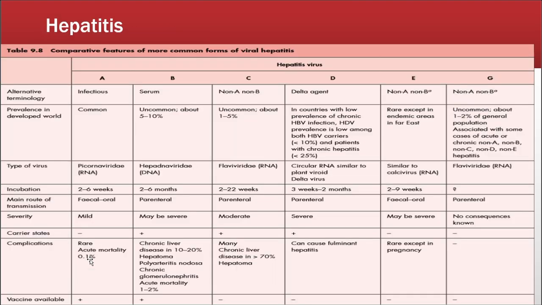We have A, B, C, D, E, G. A and E are fecal-oral transmission. B, C, and D, parenteral transmission. B has the highest percentage of infection to us. It can be transferred in 30% because it's present in bodily fluids, semen, saliva, blood, all of that.